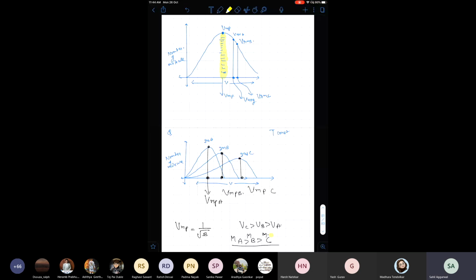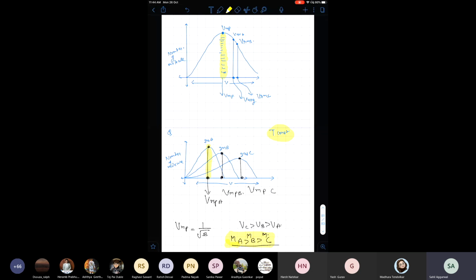ठीक है. So you are correct, just आपने उसको arrange नहीं किया ठीक से. Shifa, now also you are saying the opposite answer. I said that temperature is constant.